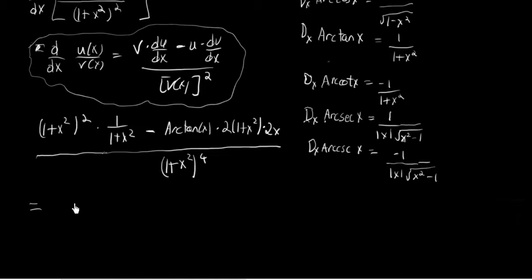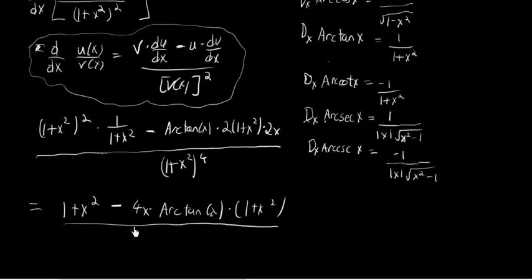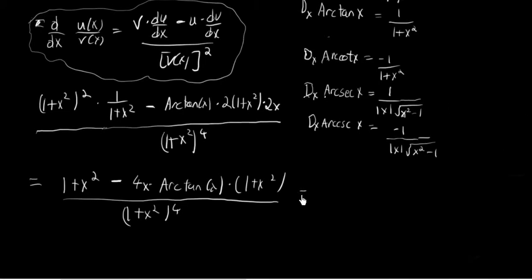So if we do some algebra, this first term will become 1 plus x squared. And this chunk right here will become 4x times arctangent of x times 1 plus x squared. And in the denominator, you'll have 1 plus x squared to the 4th power. So we can factor out a 1 plus x squared from the numerator.